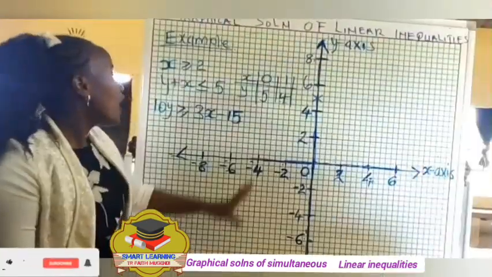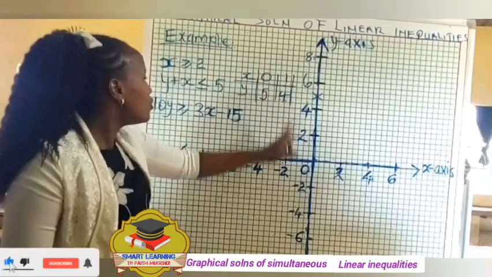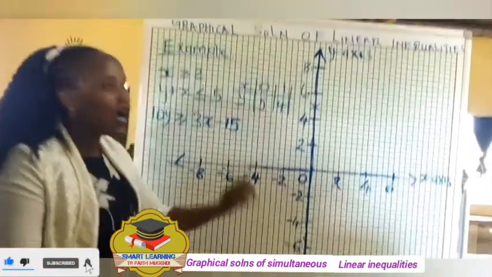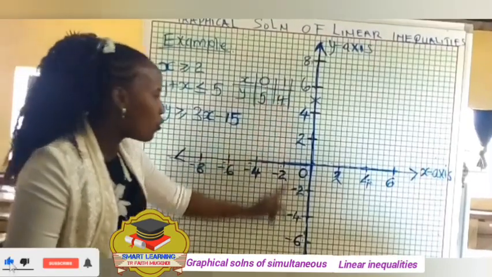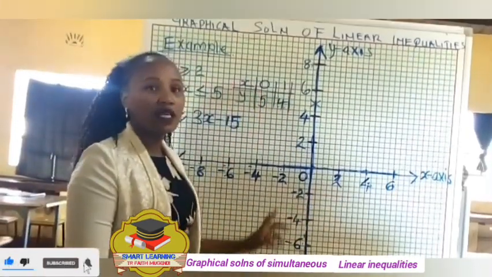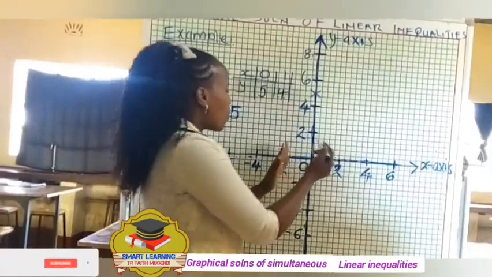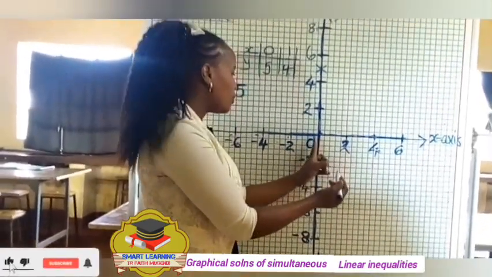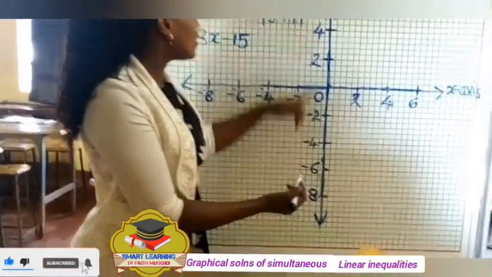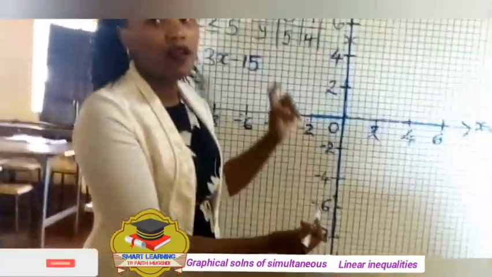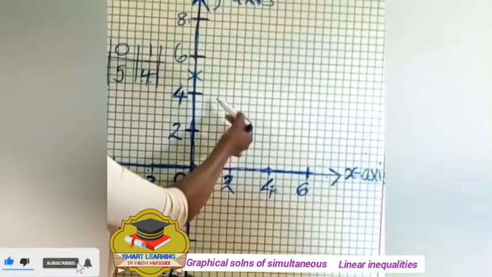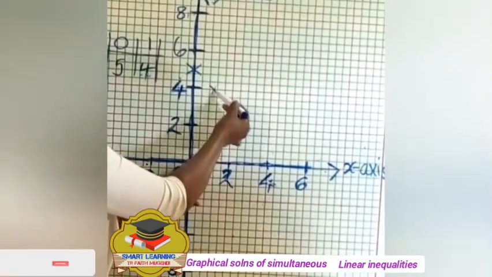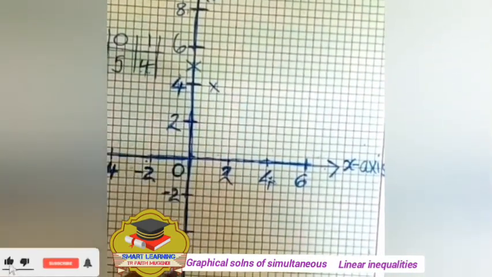After plotting 0 against 5, the other point we are going to plot is 1 against 4. Because 1 centimeter represents 2 units, our x equals 1 will be between 0 and 1, then against y equals 4. We go all the way to where 4 is, and that is our other point.